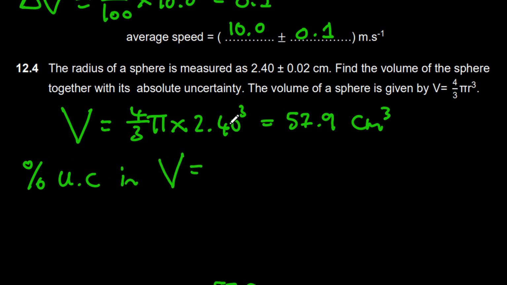And that's the percentage uncertainty in R multiplied by the power of 3.